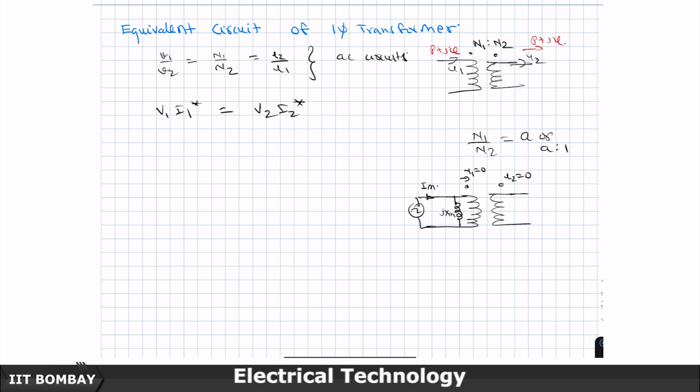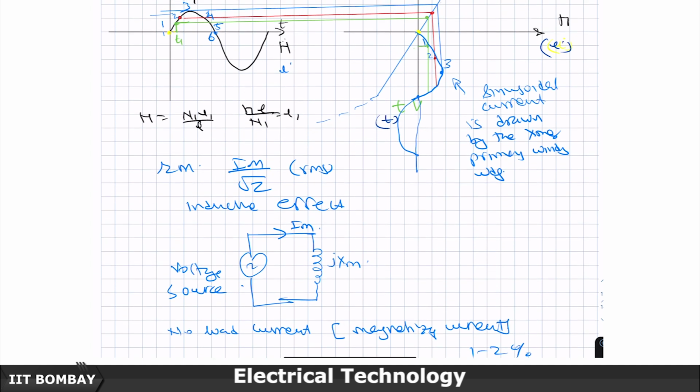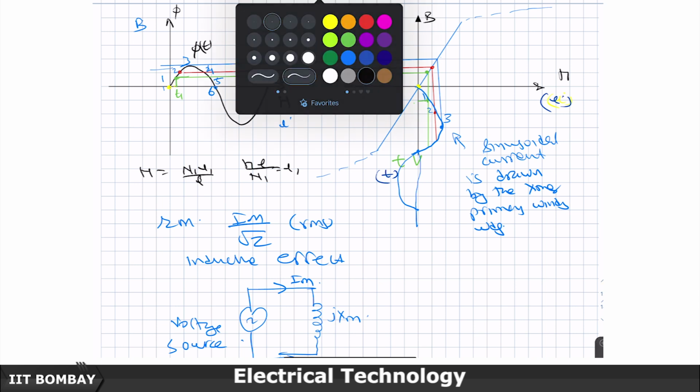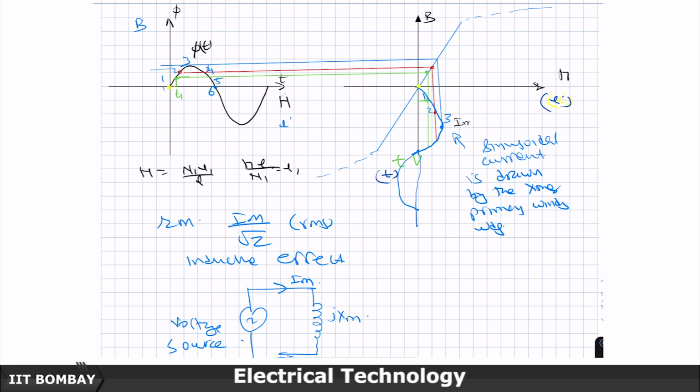to say that Vrms divided by Irms is equal to the magnitude of Xm. And where is my Vrms and where is my Irms? This Im coming here.